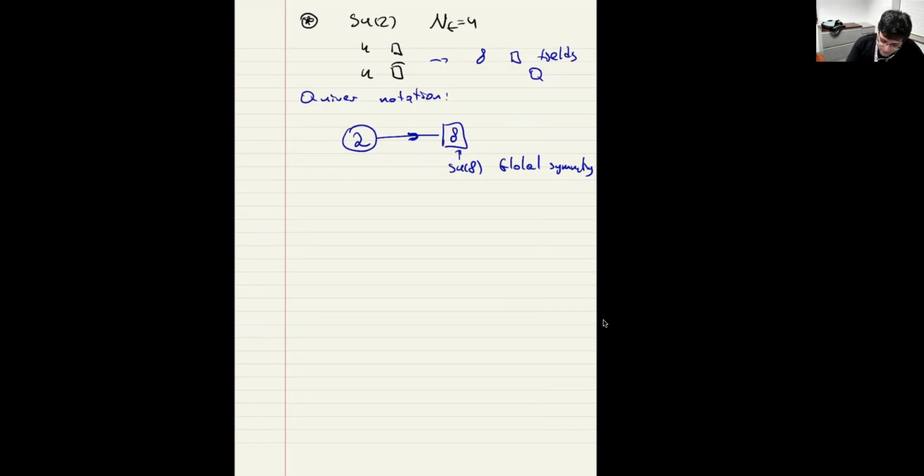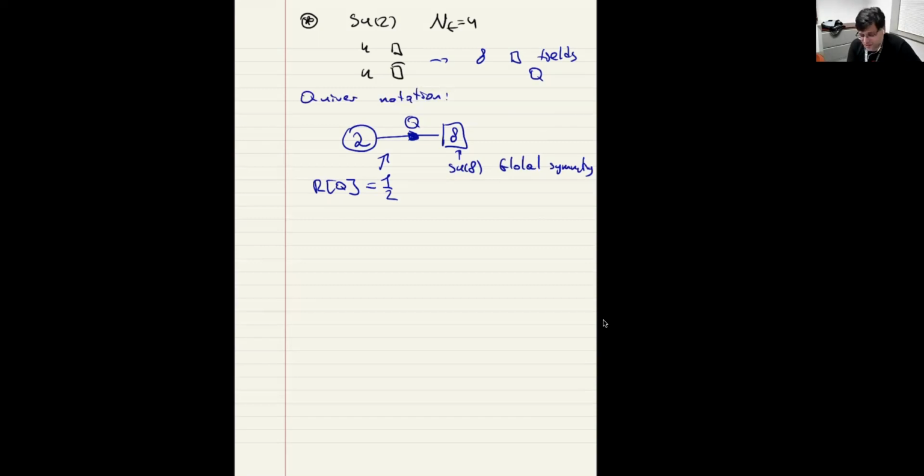So first of all, we need to understand what the superconformal R-symmetry of this theory is. And the statement is that the superconformal R-charge of these fields Q is a half. A way to understand that is, again, to do a maximization and so on.